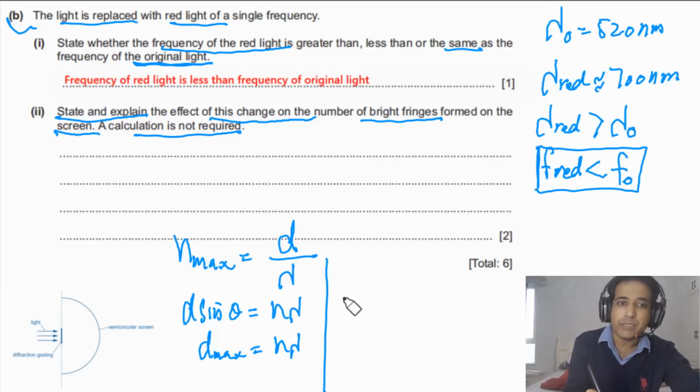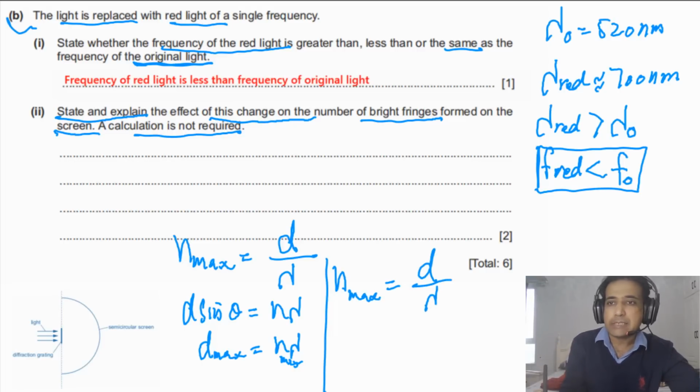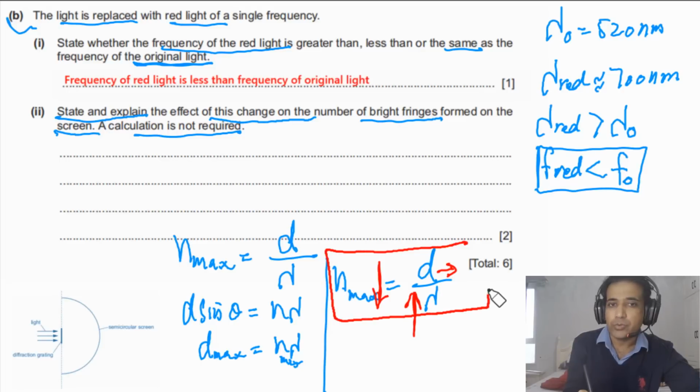So n max is equal to d over lambda. In this case, lambda has been increased, but d is constant. We are using the same diffraction grating, so n should decrease. So this is our answer.